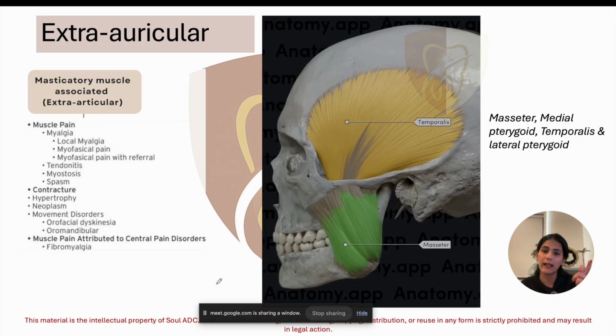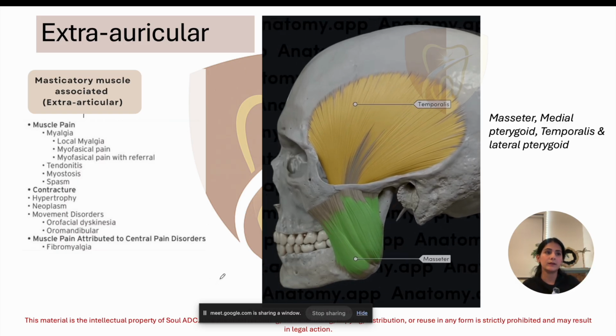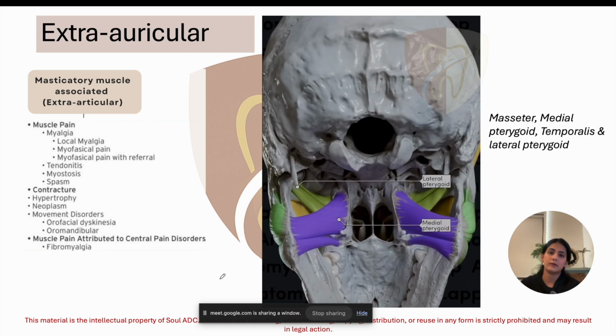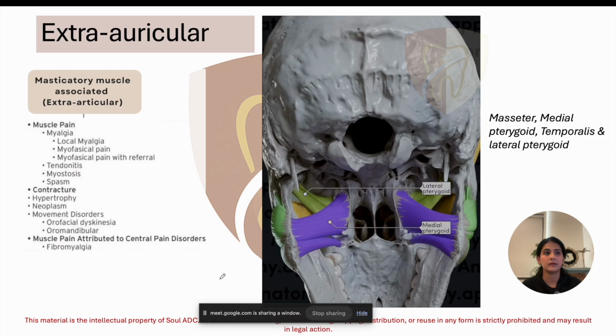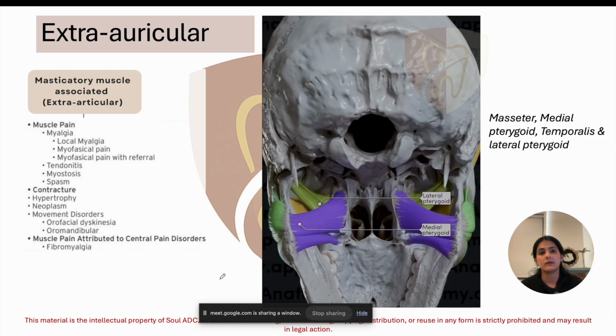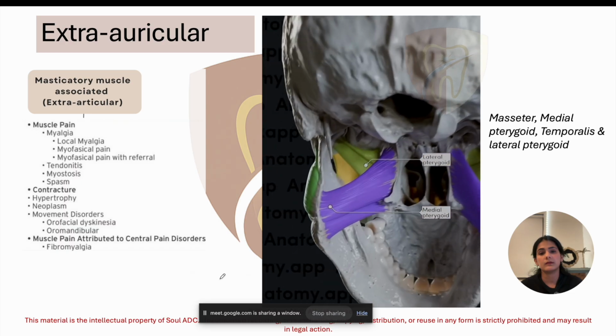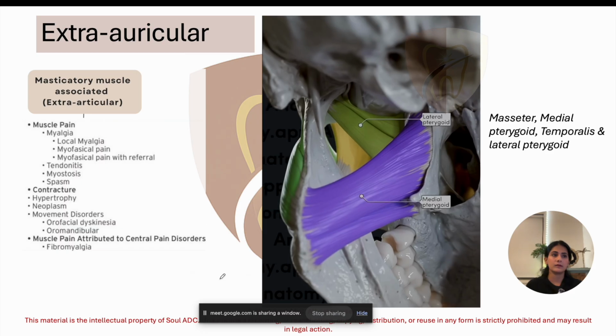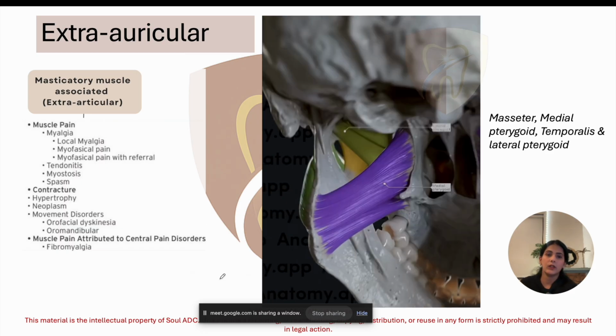So that's your temporalis and your masseter muscle. Okay, so these were all your 4 muscles, although there are other muscles of mastication as well, but we are discussing only these 4 right now.